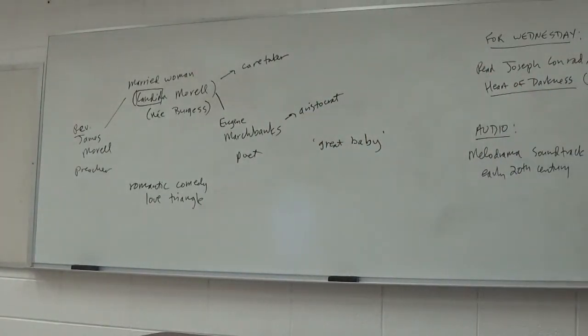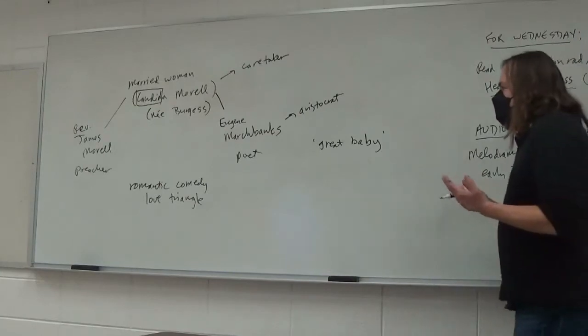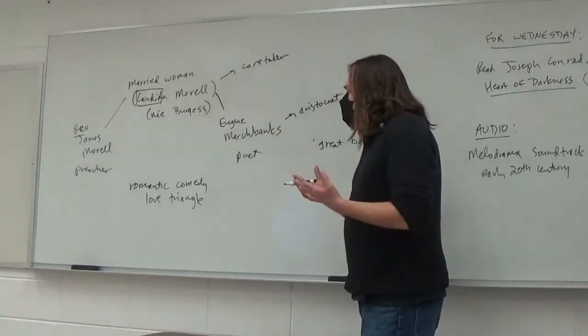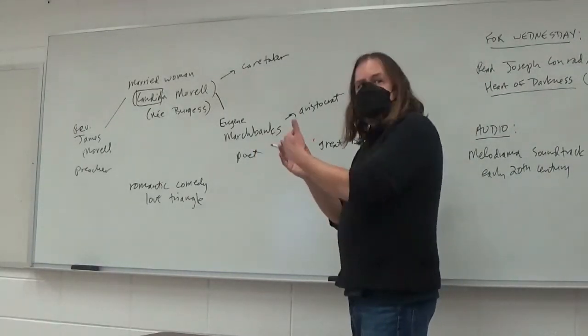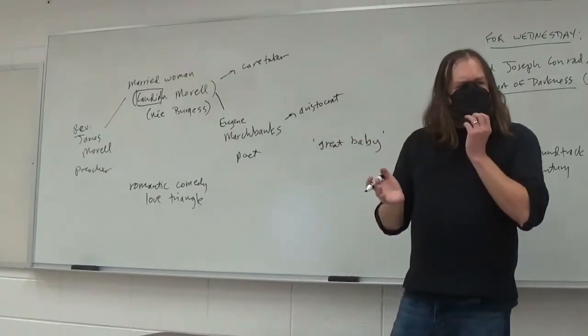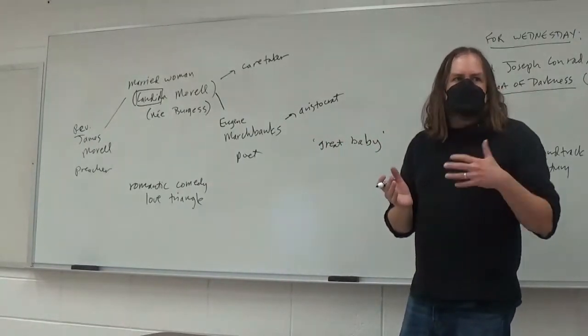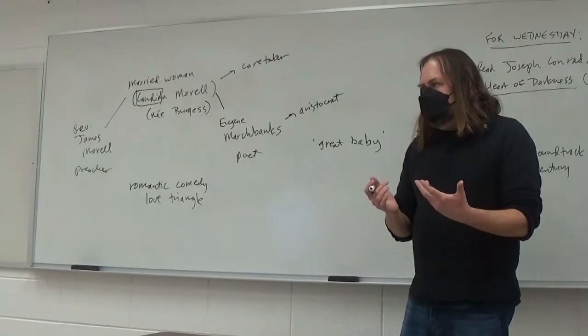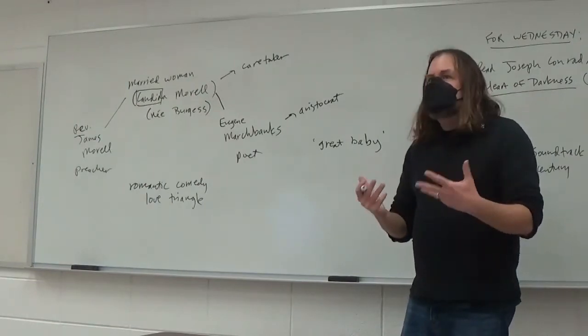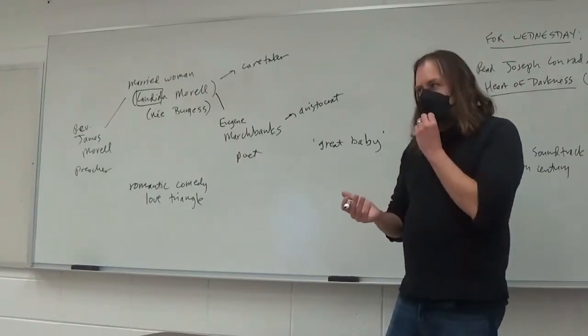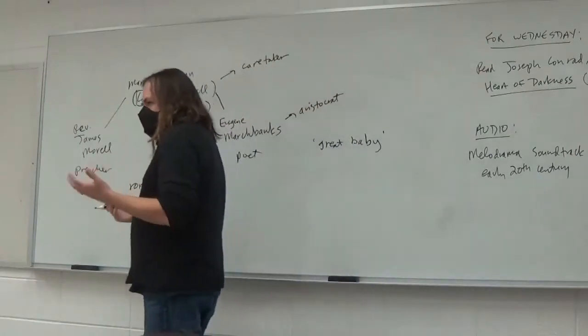And so the way the other two have to deal with her, right, is ultimately to reveal and accept their actual selves, right? They both have to stop posing, right?